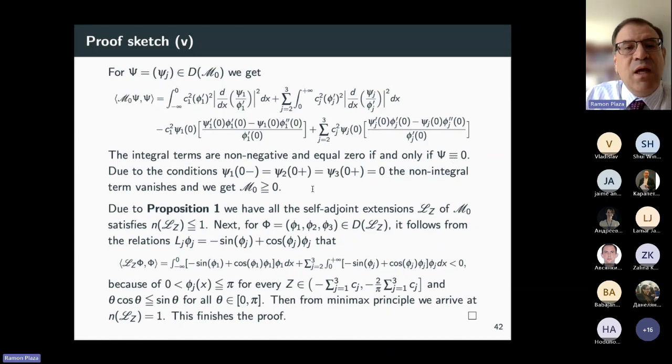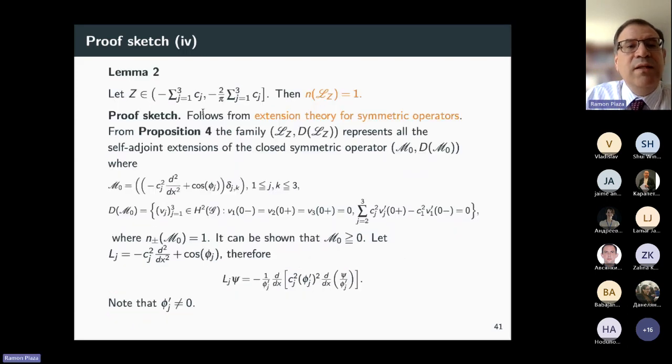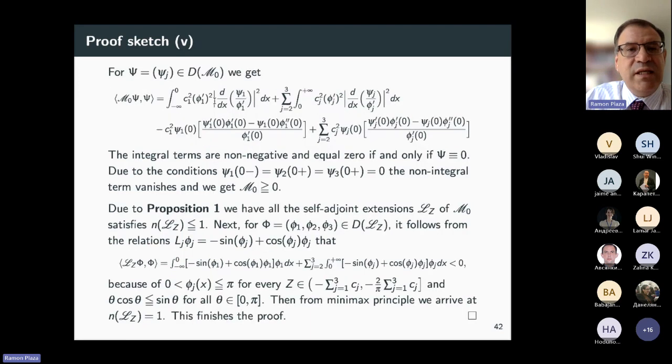Okay, and in this fashion you can show that this operator is non-negative, and all the self-adjoint extensions of this operator satisfy that the index is less or equal than 1 because of proposition 1 that I showed you before. So then from minimax principle, you can arrive that it has to be equal to 1. And in this fashion, you show that the index is equal to 1 in this regime of the parameter Z.